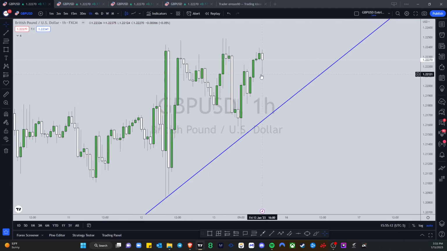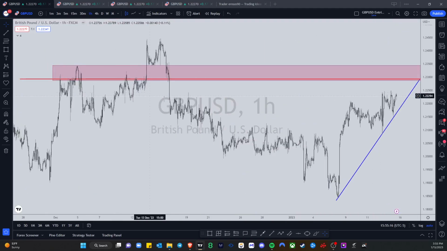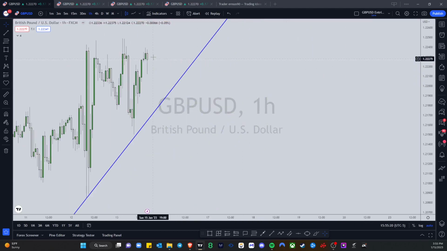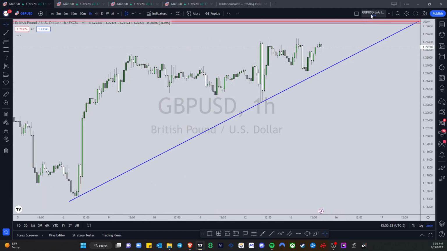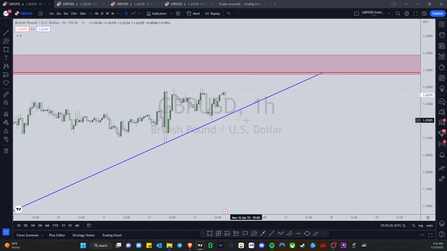I'm not gonna say simple, but you just gotta wait for price to reach an area where you have a high probability of catching quality moves, stuff like that. So that's why I want to wait for price to reach this area right here, then look for a sell. So ain't nothing to see there.